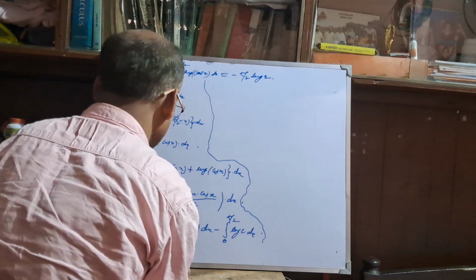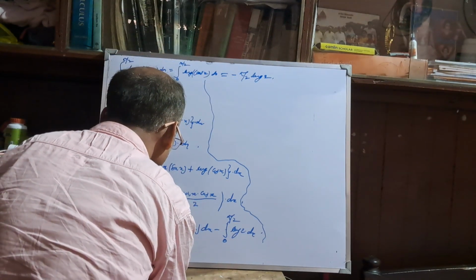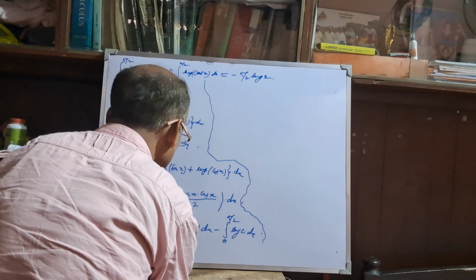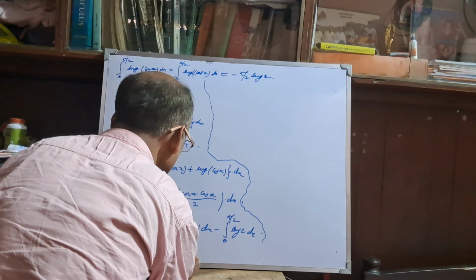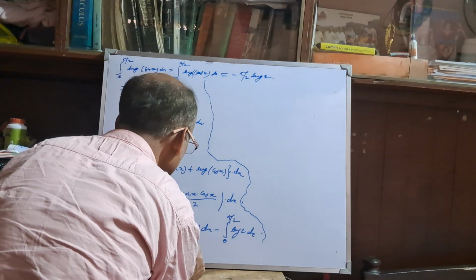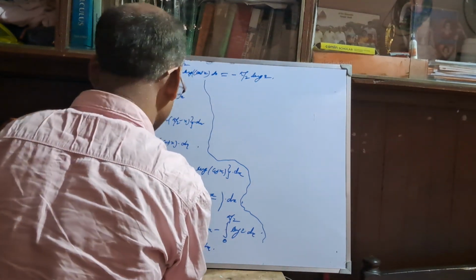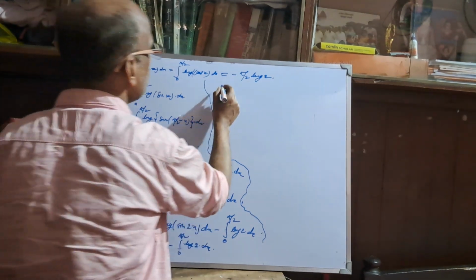That is equal to, if this part I take as I1, and this part is integral from 0 to pi by 2 of log 2 dx. Okay, and we will continue from the star.